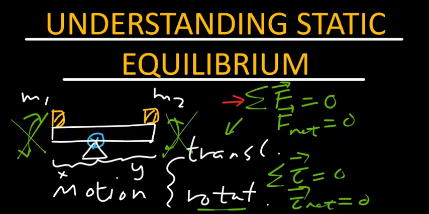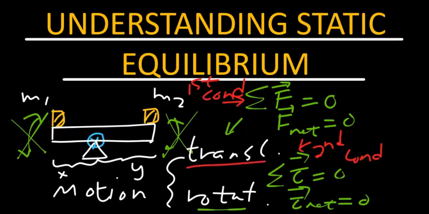This equation is called the first condition for static equilibrium. And the second equation involving the torques is called the second condition for static equilibrium. So for a system that could potentially have translational motion and rotational motion, both conditions need to be fulfilled in order for the system to be considered in static equilibrium.